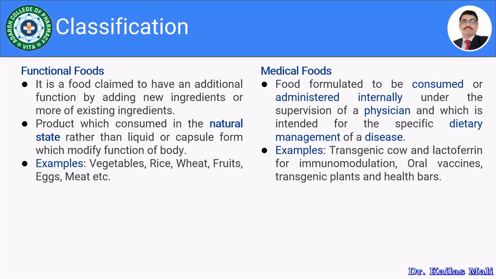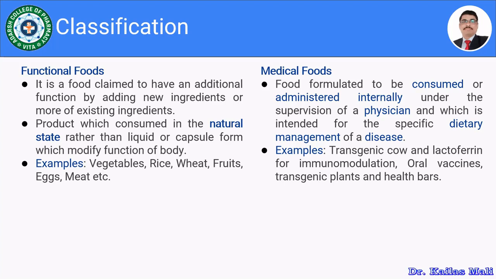So functional food is a food claimed to have an additional function by adding new ingredients or more of existing ingredients. It is a product consumed in the natural state rather than in liquid or capsule form, which modifies the function of the body.